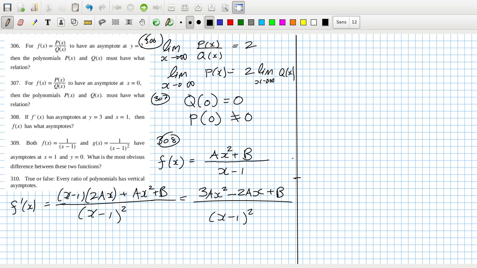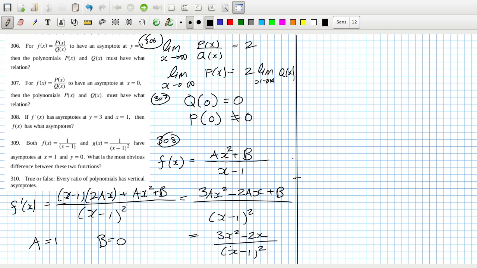Actually, that works. We could just say a is 1 and b is 0. So this would equal then 3x squared minus 2x all over x minus 1 squared.